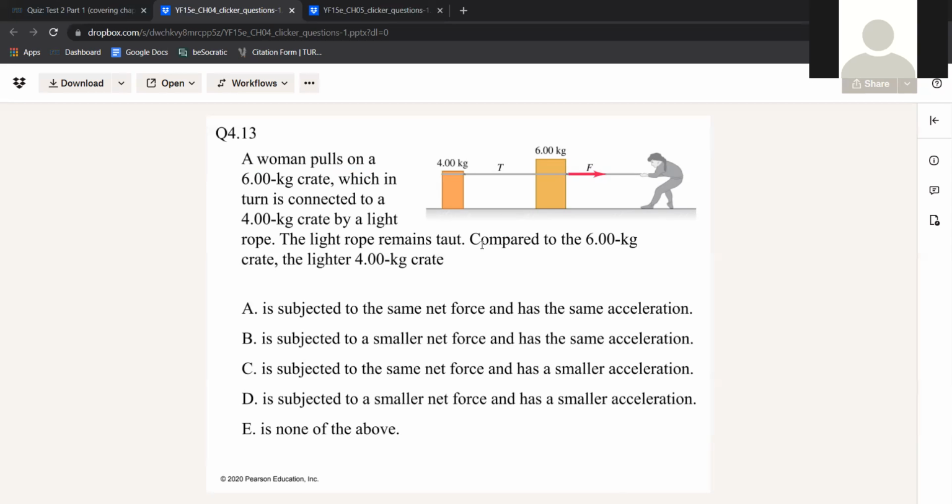So if we multiply the mass by acceleration, we get a smaller net force but the same acceleration. Yep. And the key to that is recognizing that the acceleration is constant, because from there you can just compare the two values of mass.